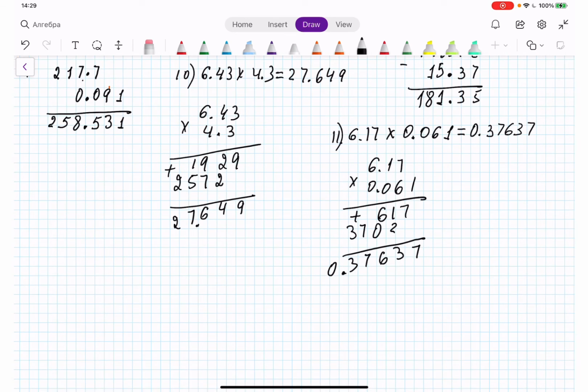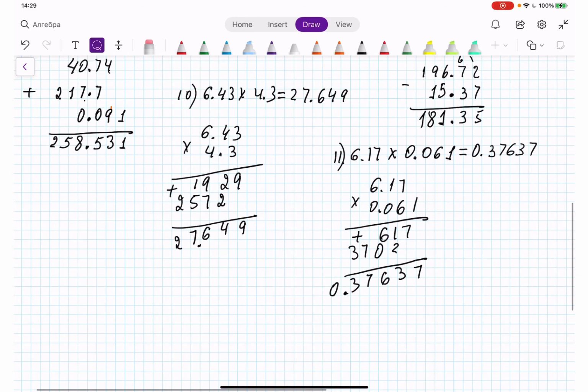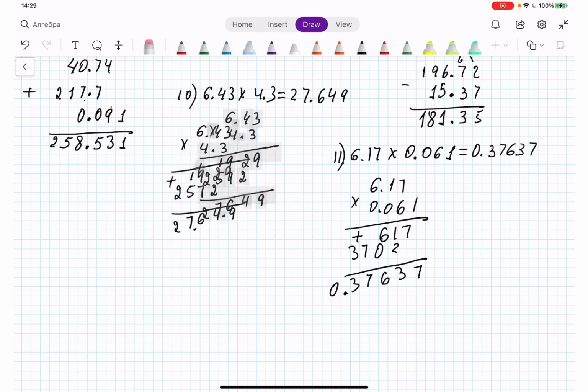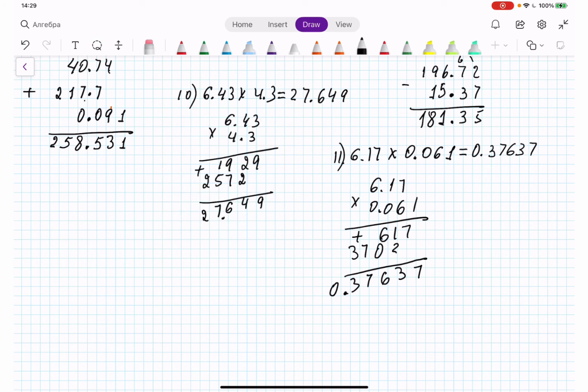Okay, question number 12. What do we have? 2.303 divided by 98. Before we do division, let me introduce the terminology that we use for division.